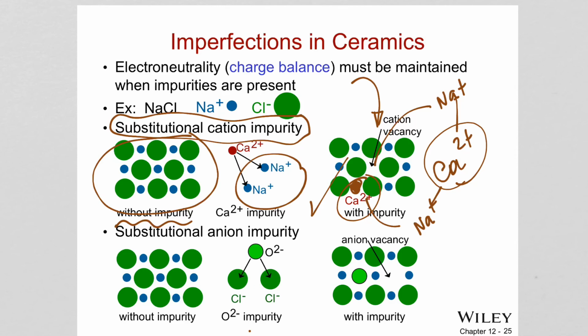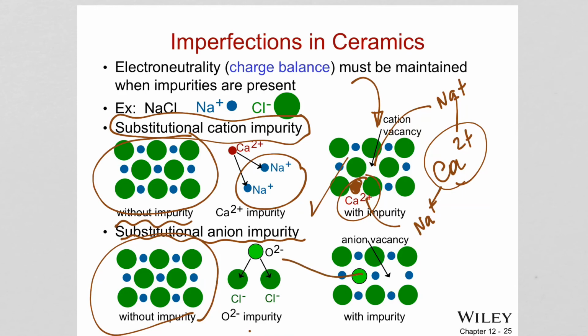So when it comes to a substitutional anion impurity, without impurity, that is how sodium chloride looks. If there is an oxygen impurity in the sodium chloride system, it has to be compensated with 2 chlorine anions.